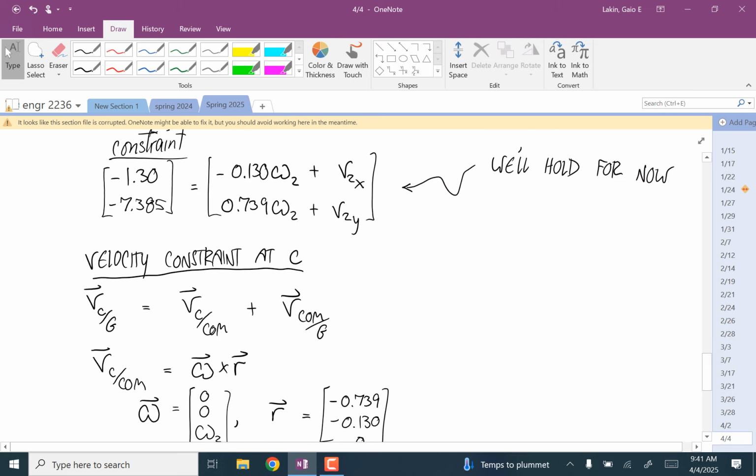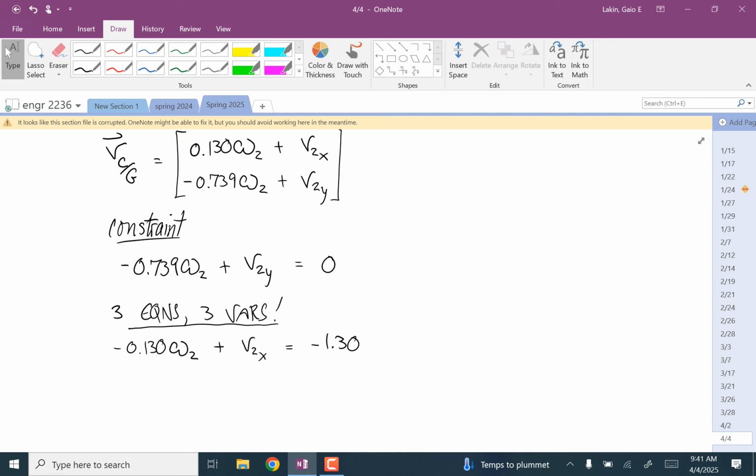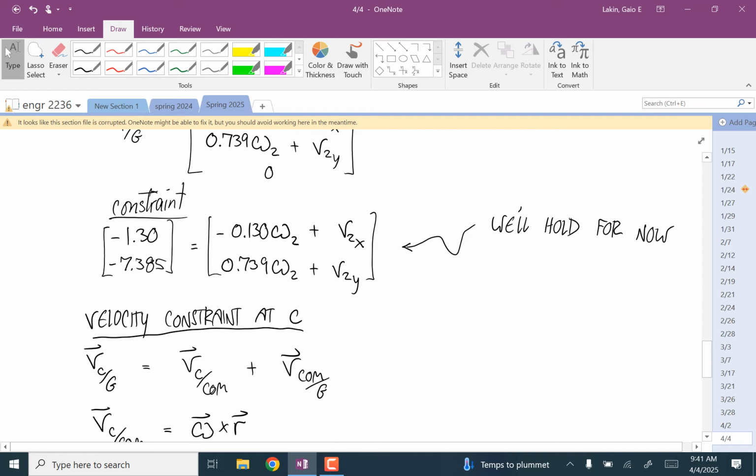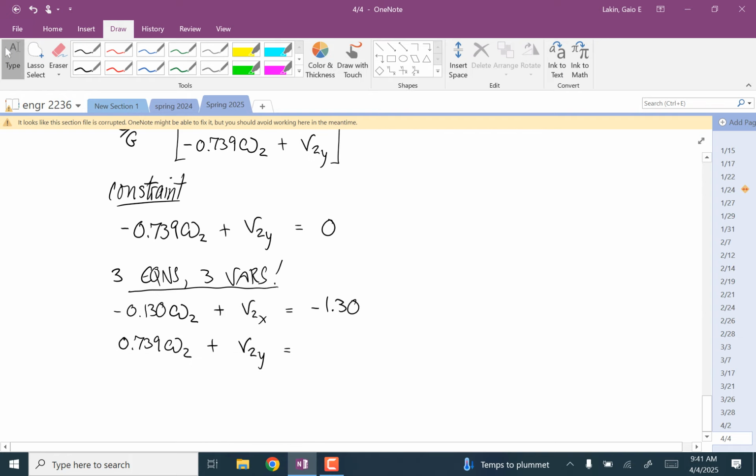And our second equation says 0.739 omega 2 plus V2y is equal to negative 7.385.